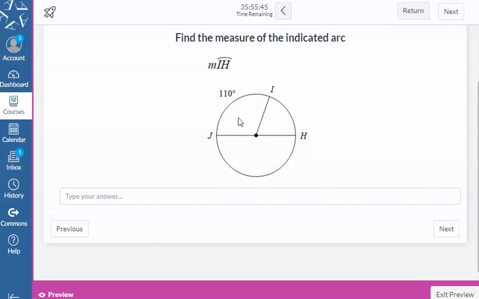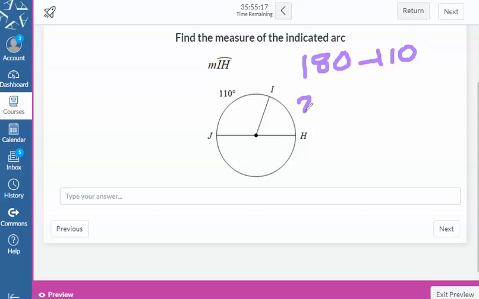Questions like this, you're looking for arc IH. So this is a diameter. JH cuts the circle in half. So we would have to realize this is 180 degrees, right? 180 minus 110. Yep, perfect, Ethan.